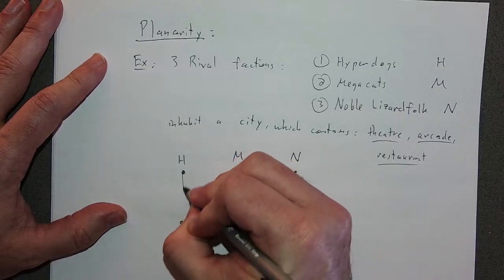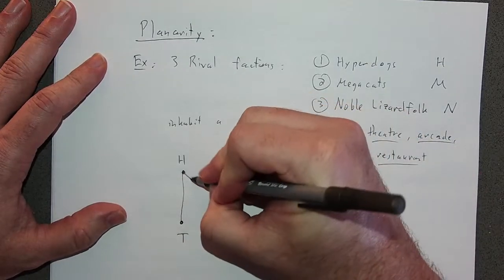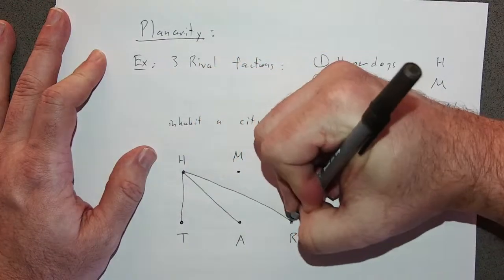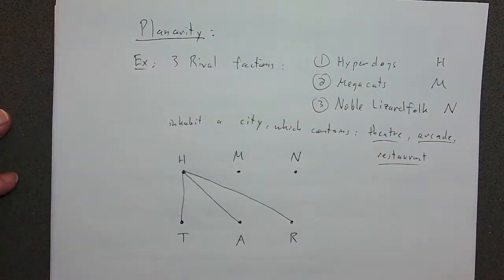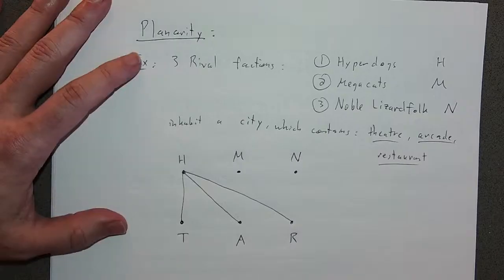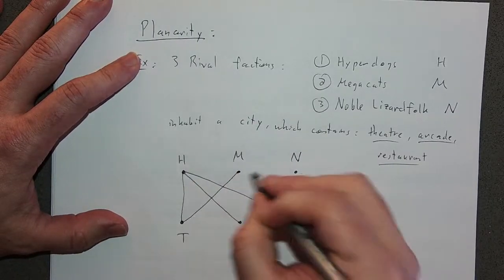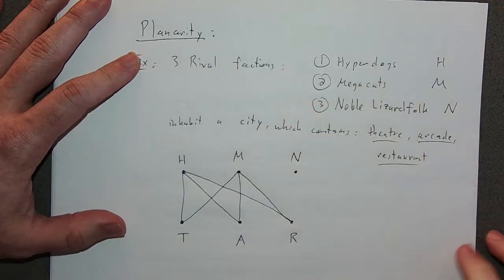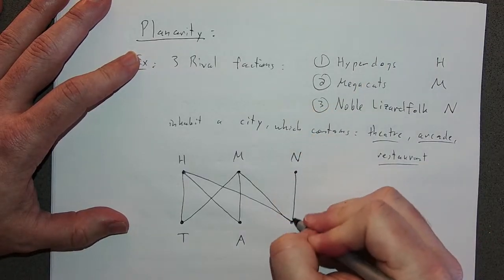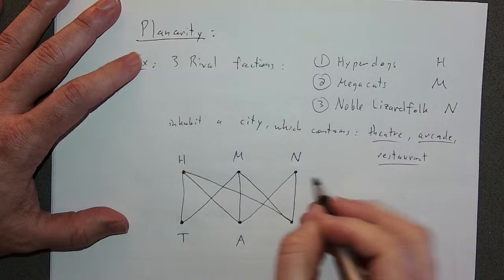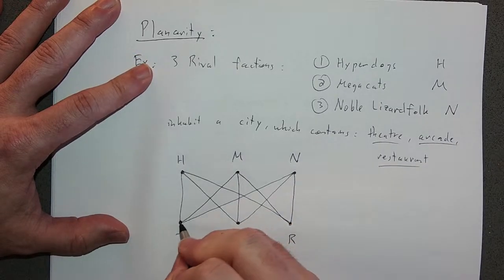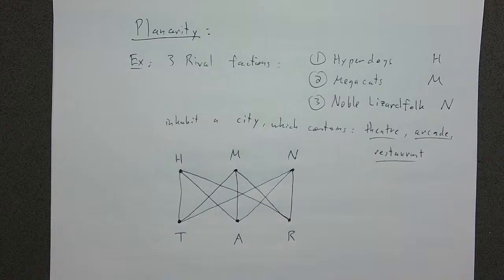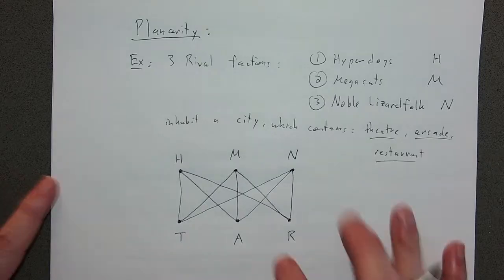So the hyperdogs want to go to the theater sometime. They want to go to the arcade at other times. They want to go to the one restaurant complex some other time. Similarly, so do the megacats. And they want to do the same thing. Thirdly, the noble lizard folk, known to enjoy their favorite arcade video games, also like to enjoy eating and going to the movies.